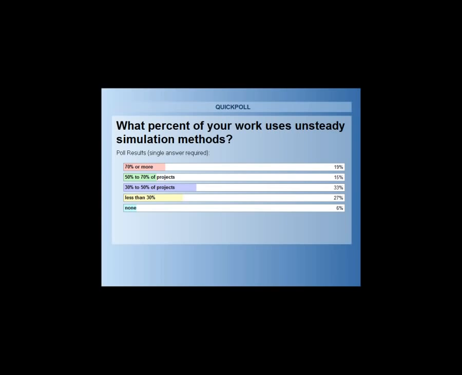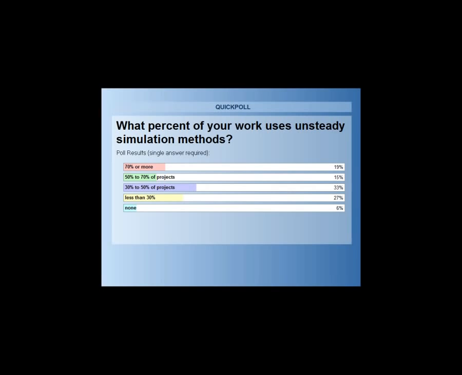It looks like about 20% of you are doing about 70% of your work unsteady. We have some 6% who aren't doing any, but the 30 to 50% range seems to be our highest bucket of people, and that's consistent with what we're hearing. Yeah, I think so. Nearly everyone is moving in that direction.